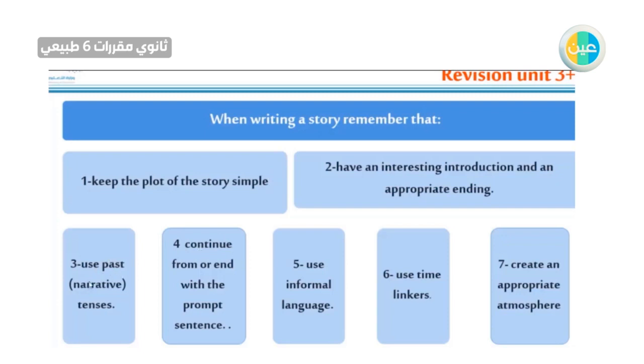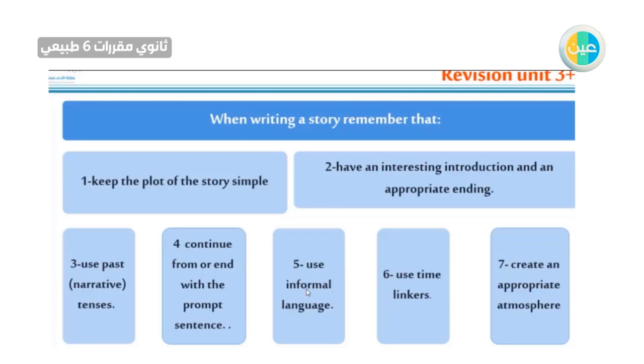Okay? Use past narrative tense. Of course, because it's in the past. So use past simple, past continuous, present perfect, past perfect, okay? Use informal language. Why informal? Because it is casual writing task. It's casual.